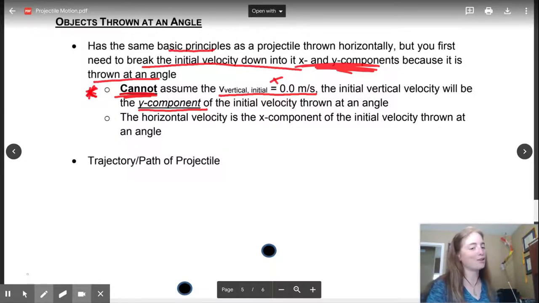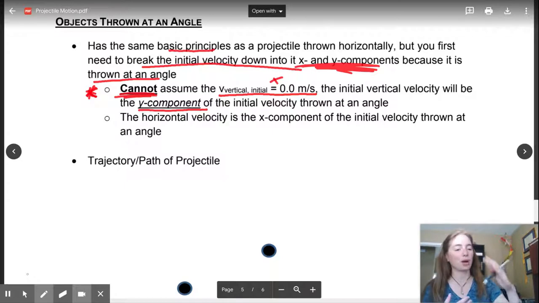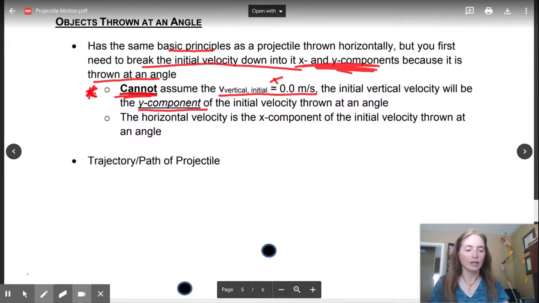You're going to have a Y component of an object thrown up at an angle. Because look, when I throw a ball upwards at an angle, it has a Y component as well as an X component. So you need to get your initial velocity on the Y as the Y component, and your Vx initial is going to be the X component of that initial speed.